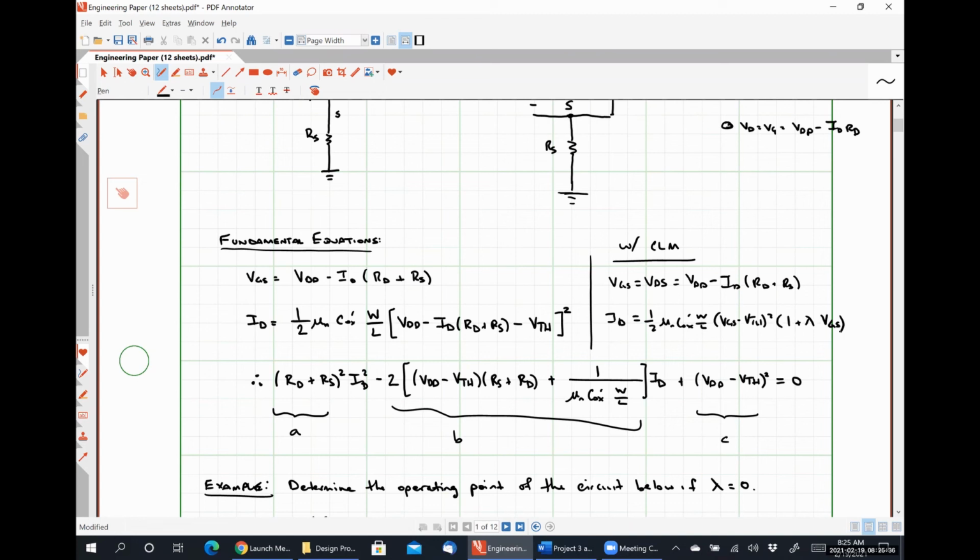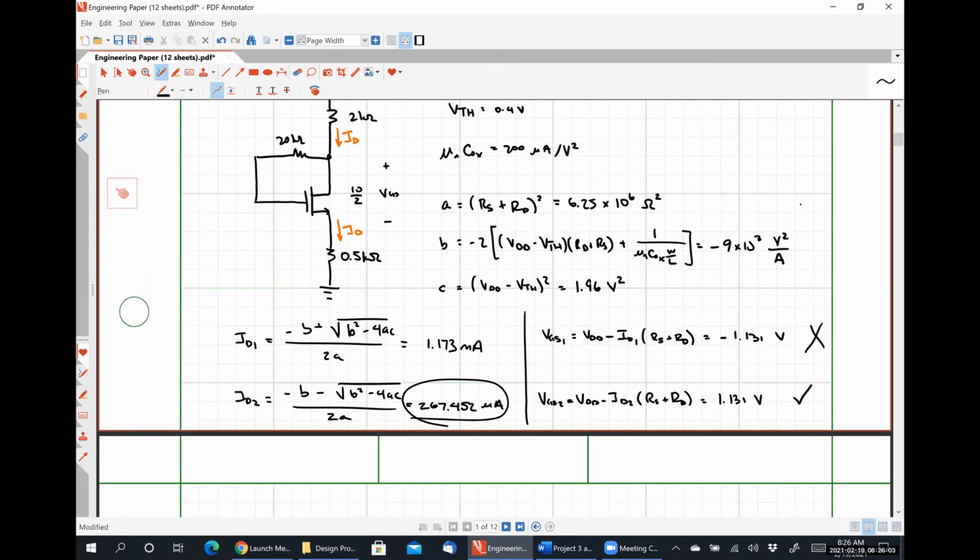We could do a substitution in here and we'd find that we would have a third order polynomial in terms of ID that we would need to solve. And then we would have 3 different things that we would have to check, which to me is annoying. So I set up a MathCAD sheet to do this too, and I would suggest that you do the same. It will help you with at least one of your homework problems.